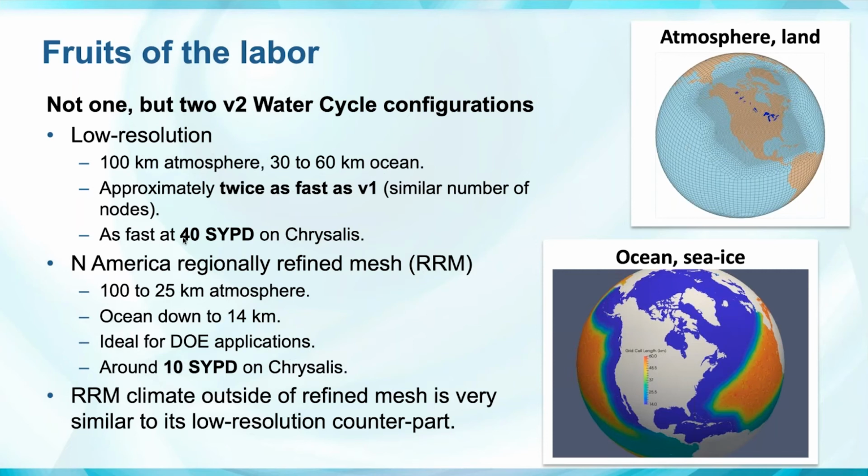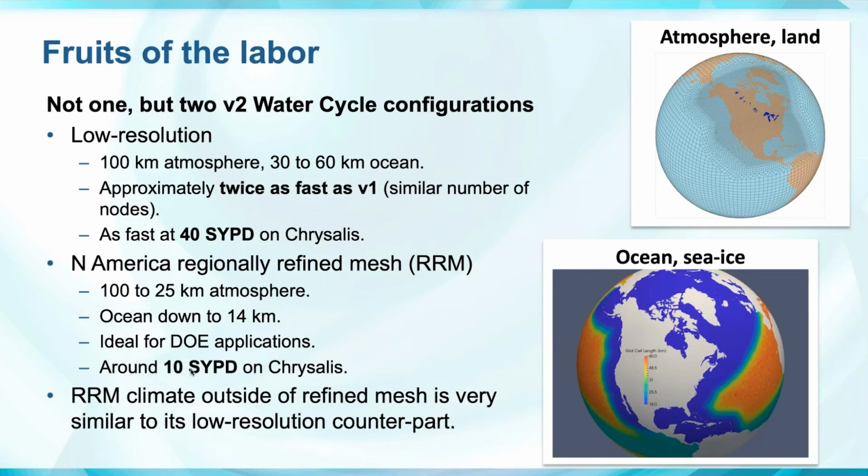We also have a regional refined mesh where the atmosphere is refined to 25 kilometers over the entire North American continent, and the ocean refined down to 14 kilometers as well. And this could be really an ideal mesh for a specific DOE application where we want a higher resolution over the US.